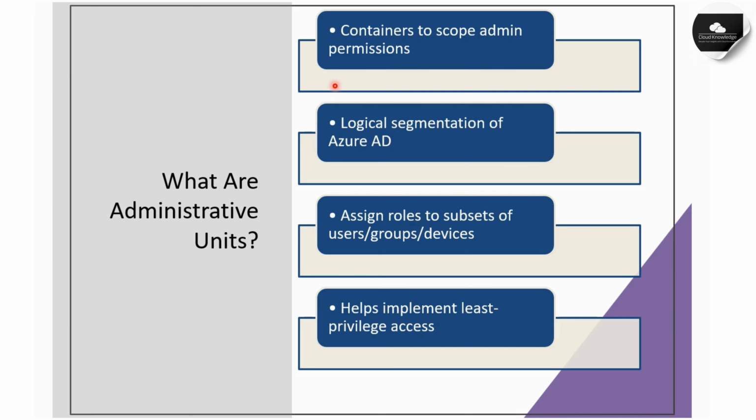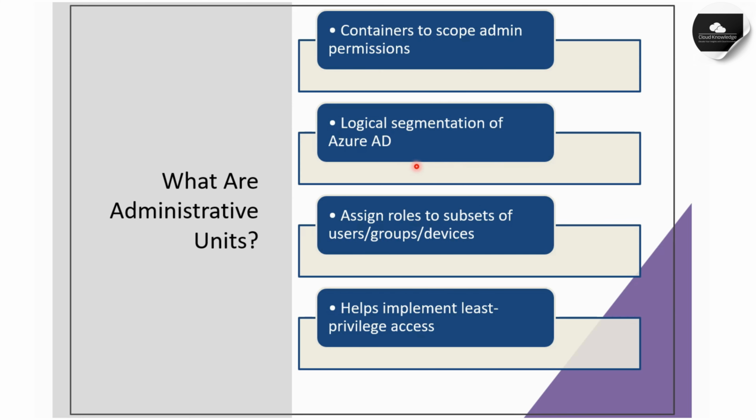AUs are containers within Azure AD that help us organize users, groups, or devices with scoped administrative roles assigned under them. An administrative unit segments our Azure AD tenant into logical boundaries such as department, region, or business unit, like we create groups, and the same can be done with administrative units.